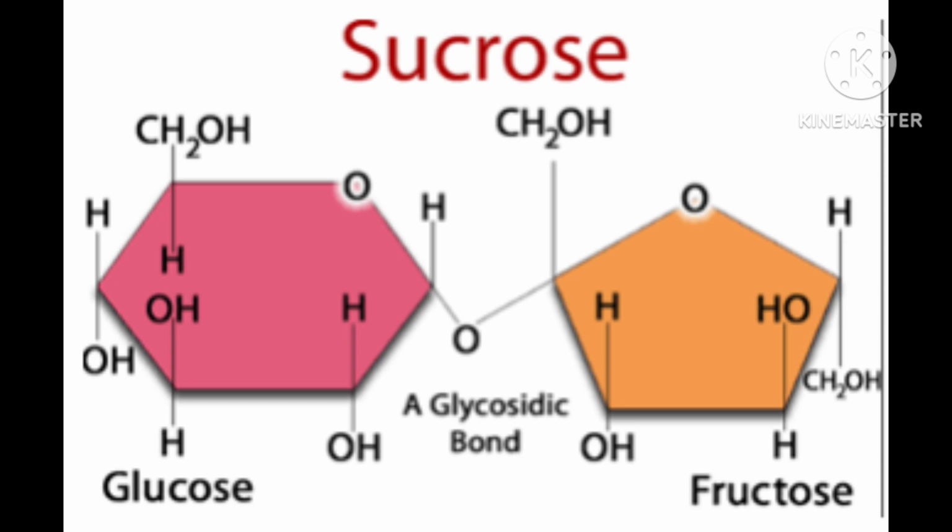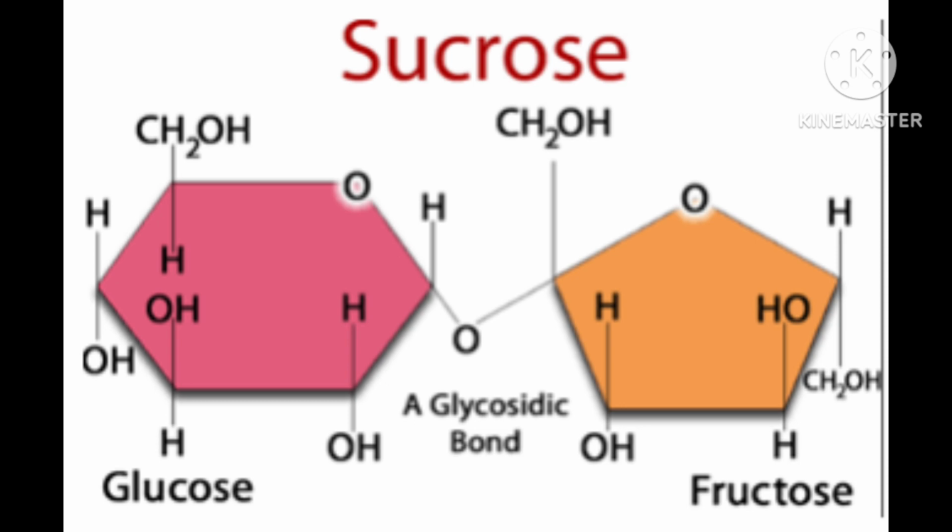C12H22O11 plus H2O, sucrose plus H2O, gives C6H12O6, that is D-glucose, plus again the same formula C6H12O6, that is fructose. Means sucrose on hydrolysis gives one molecule of glucose and one molecule of fructose.